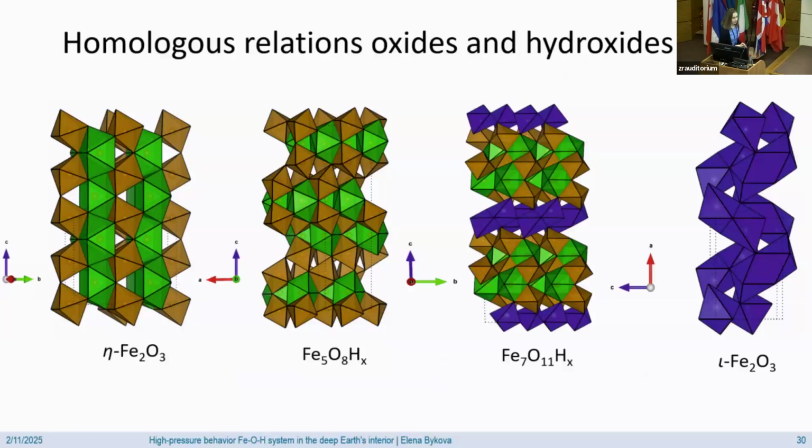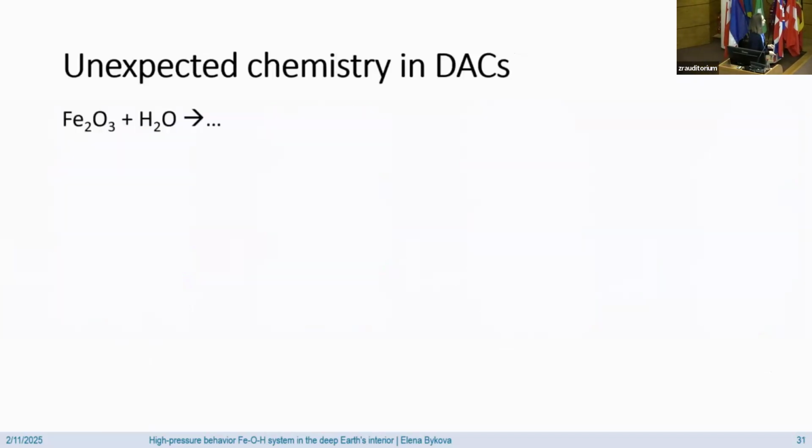The crystal structure of this compound also follows a certain homologous series, a little bit different than the other ones, but it applies the building blocks of nominally anhydrous iron oxides. You can see these elements of the constructor shown with different colors. So in principle, that again suggests that we can have other iron oxides in this system.